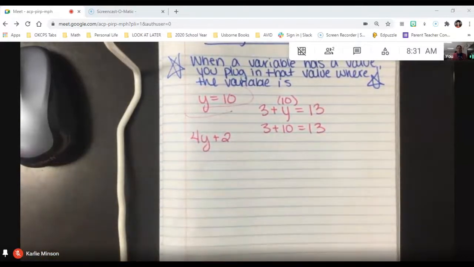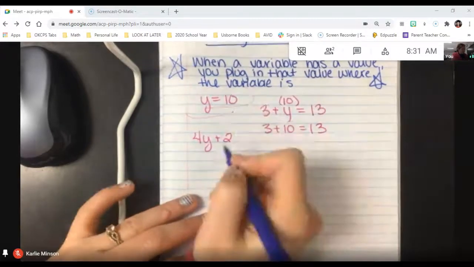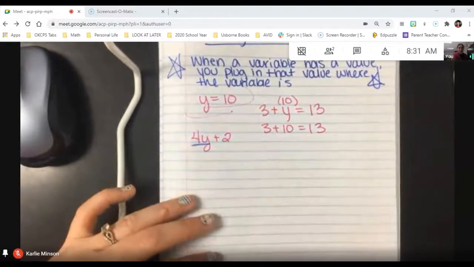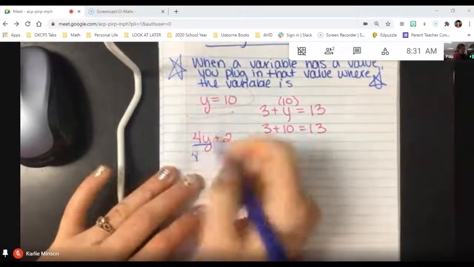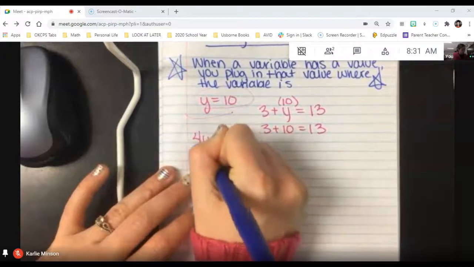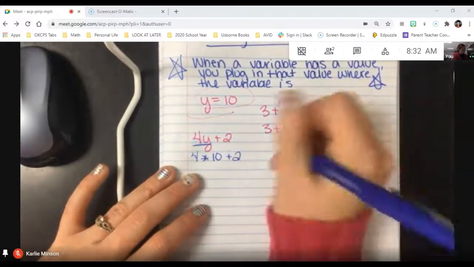Now here is where sometimes we can't just plug it in. We have to know that any time a variable is by a number, it means multiply. So what this means is when you plug it in, it's 4 times 10 plus 2.